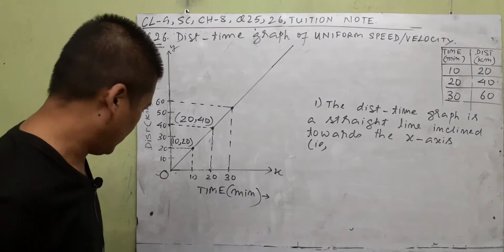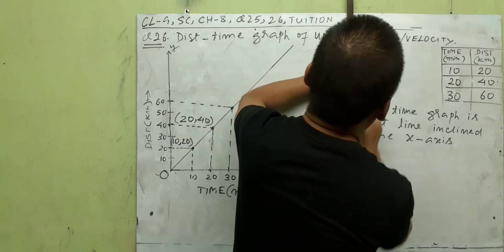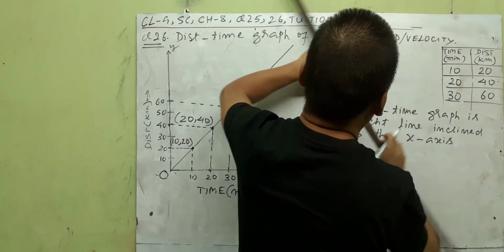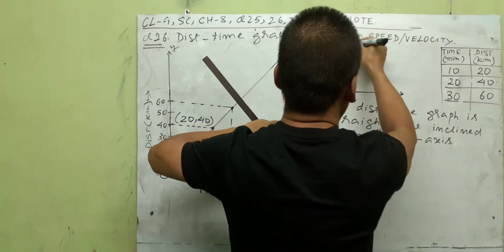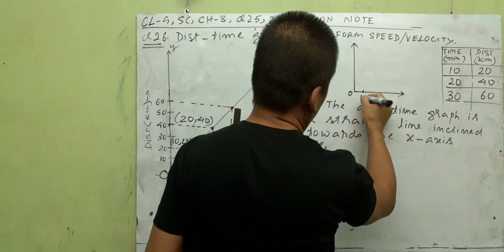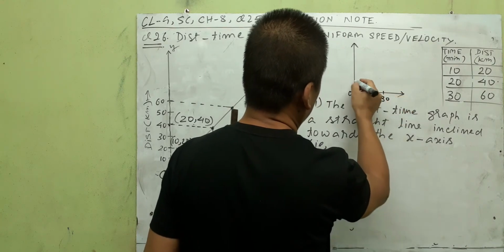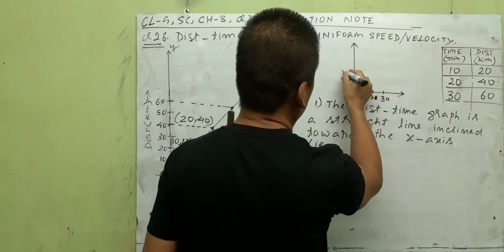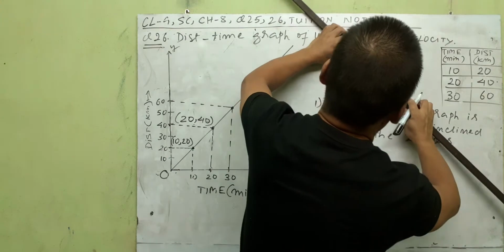If the graph was like this, for example, I'll just draw a small graph here. Let's draw a smaller version of the distance time graph, 0, and then here 10, 20, 30 like the minutes, and here distance 10, 20, 30, and the graph was like this.